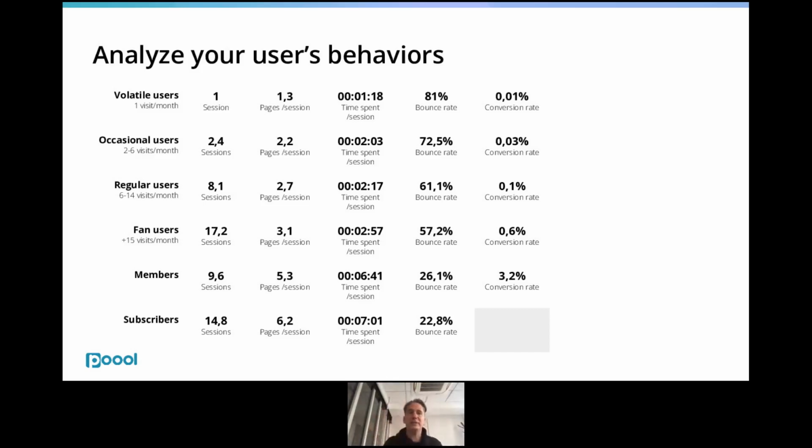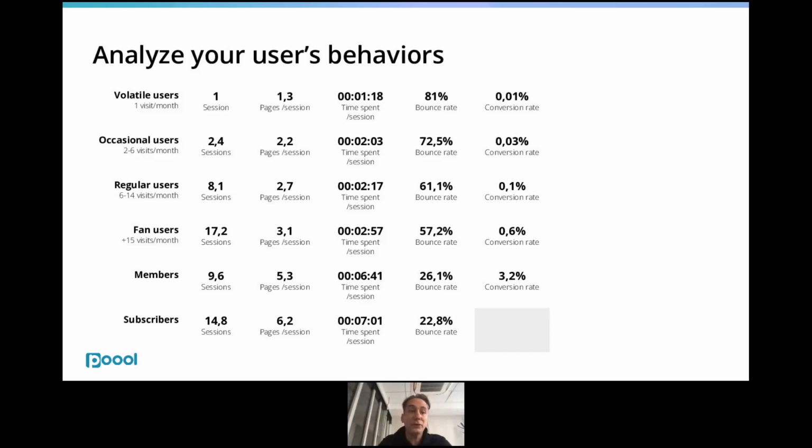But what's interesting is to see there is a correlation between engagement metrics, aka frequency of visits during a given month, and the subscription conversion rate. And it's way bigger, from a volatile 0.01% up to 0.6% in a fan. The challenge is you have very few fans and a lot of volatile users.